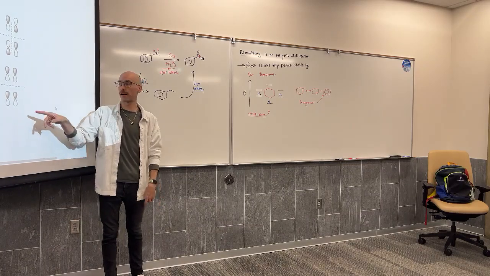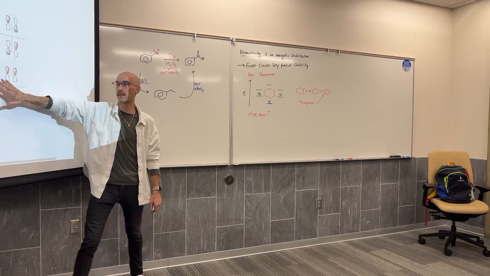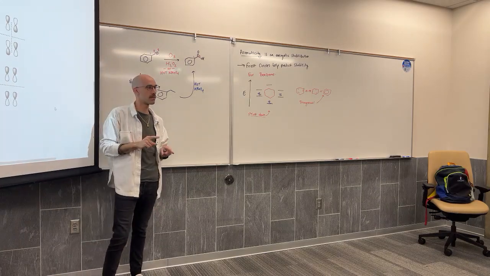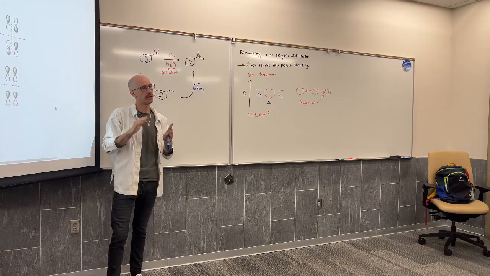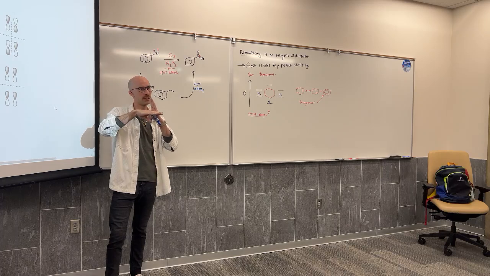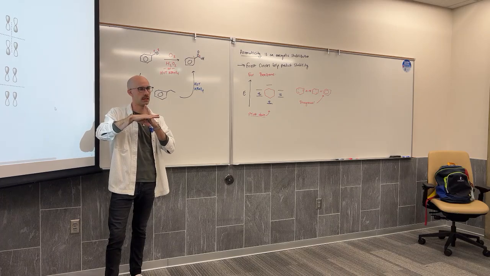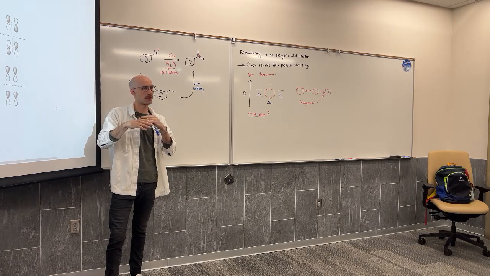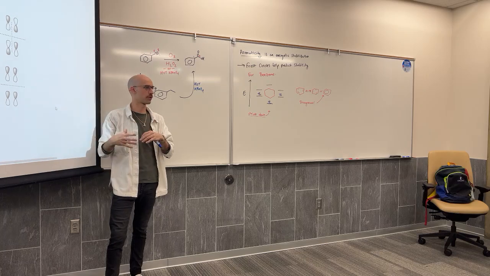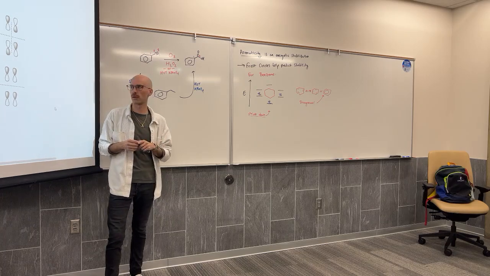Now you'll notice something about this orbital on the right and this orbital on the left. They have the same number of nodes, but those nodes are oriented differently across the molecule, and so they change the number of lobes, or the shape of the orbital.